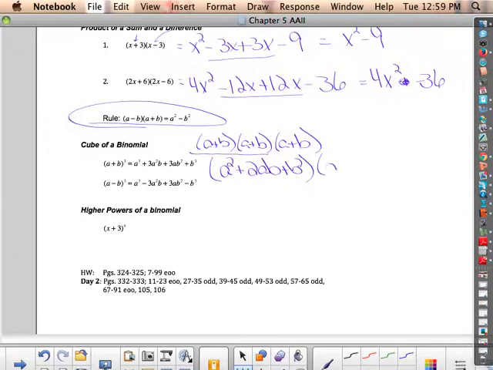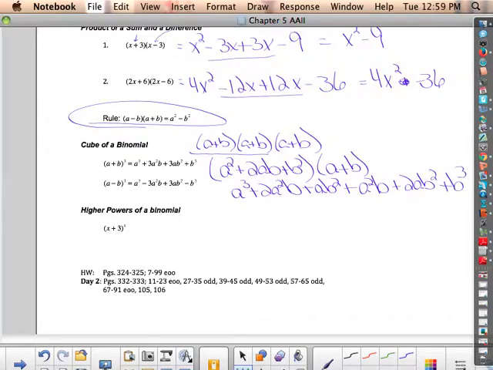And then I would multiply by a plus b, and that's going to give me a to the third plus 2a squared b plus ab squared. Then I do b, which would give me a squared b, then plus 2ab squared plus b to the third.